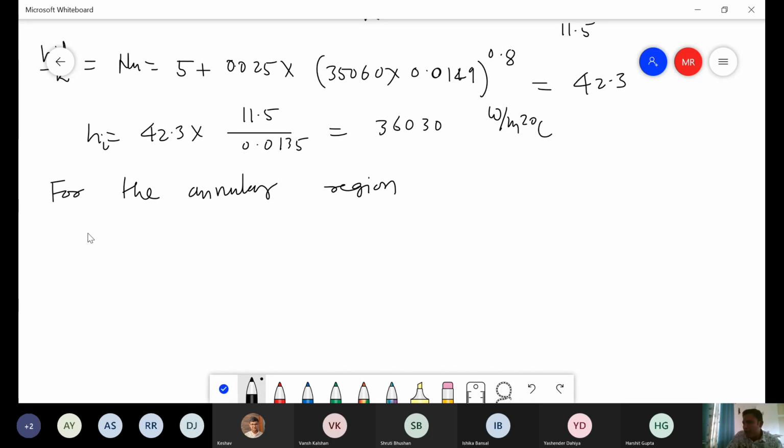Water is a normal fluid and the flow is turbulent because the Reynolds number is much above 10,000. So for a turbulent flow, what is the correlation? For a turbulent flow, the correlation is the Dittus-Boelter equation, isn't it? So the Dittus-Boelter equation.